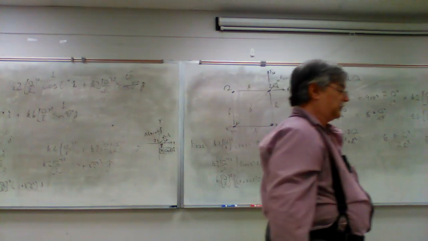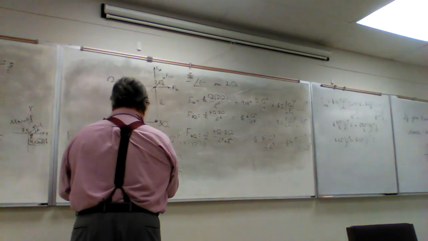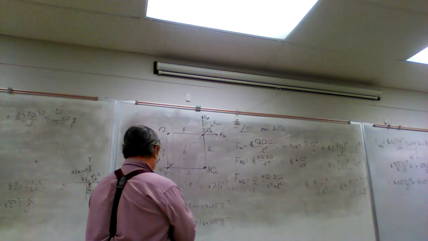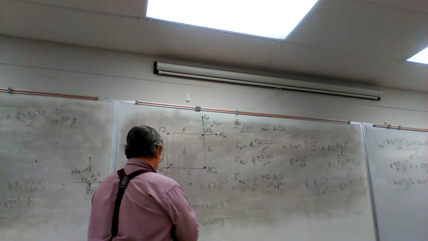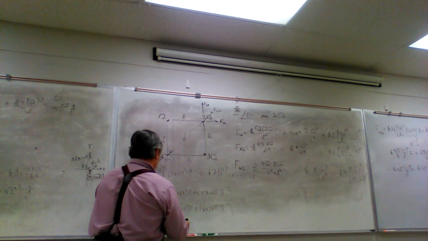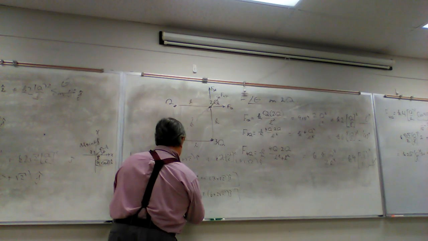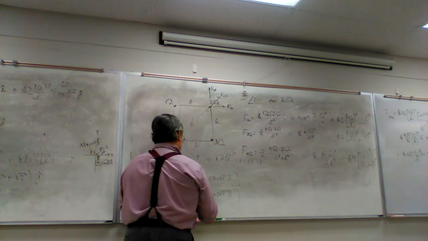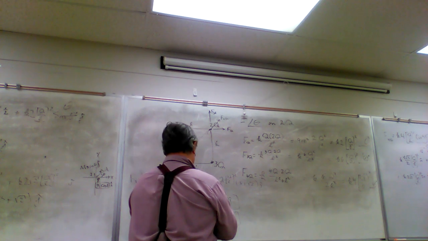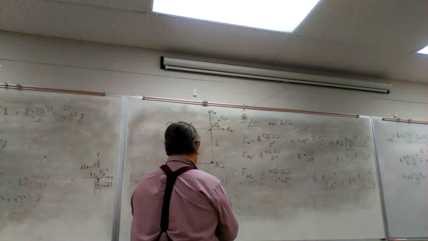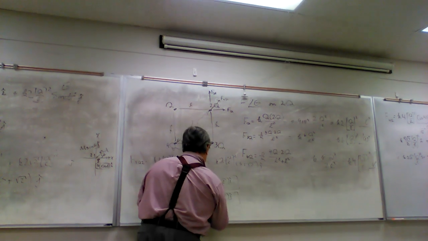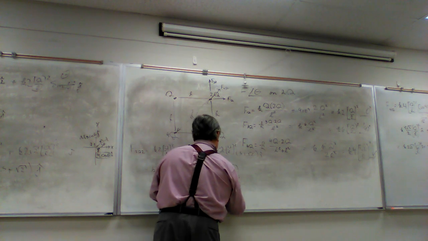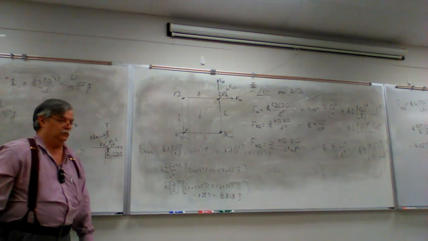Let's punch these numbers into our calculators and see what we get. 2 times the square root of 2 plus 2, that's 4.83 I plus 8.82 J. All times KQ over L squared.